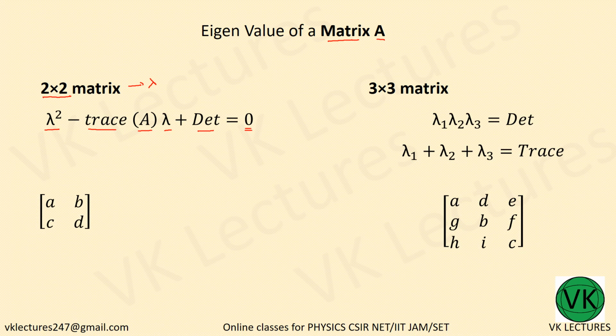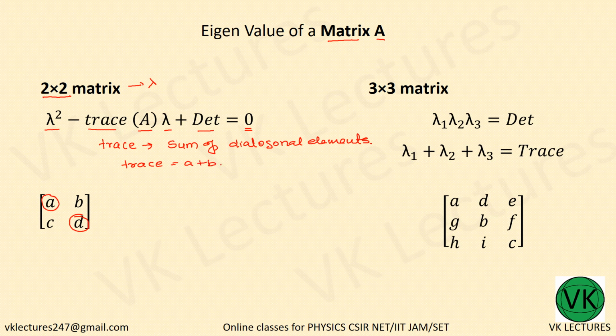Now the trace of the matrix means the sum of the diagonal elements. In this case, trace is the sum of A and D.